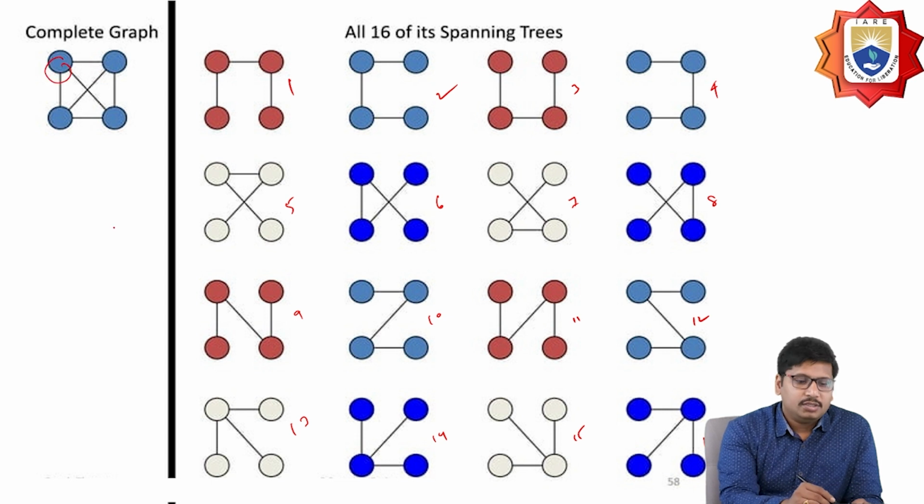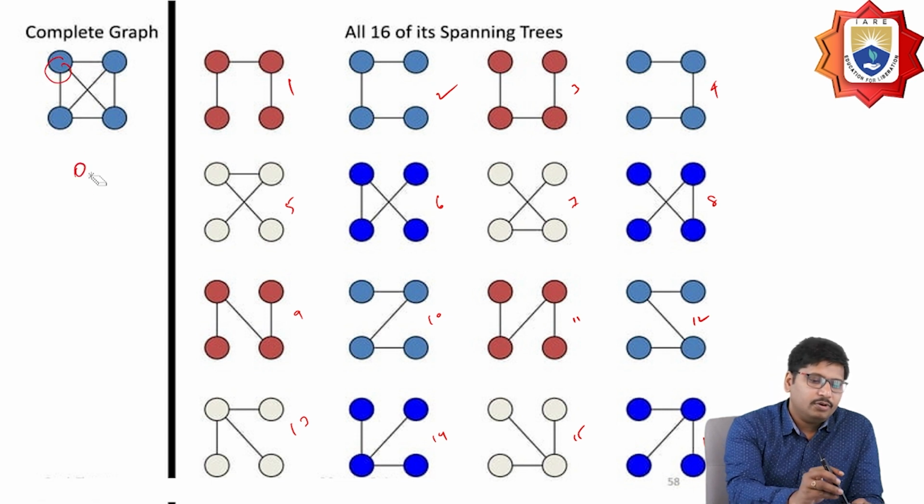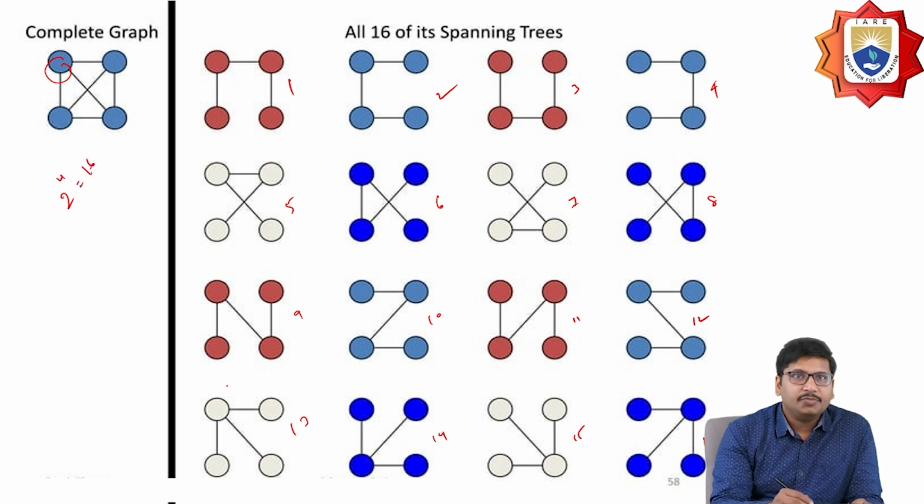So if the number of vertices is 4, the total number of possibilities is 2 power 4, that is 16.